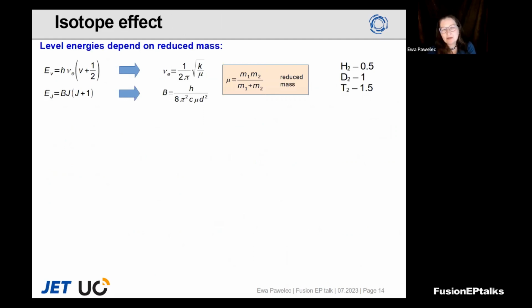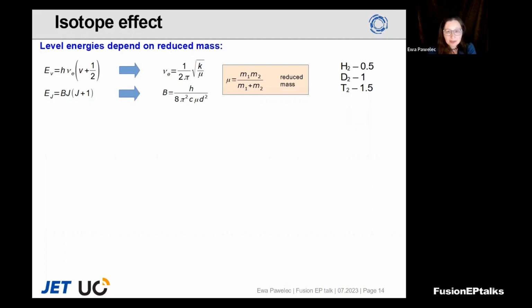In the case of atoms, there is an isotope effect, but it's very, very subtle. You have to really have a high resolution to distinguish even between hydrogen and deuterium, which is the easiest. For the heavier elements, distinguishing between isotopes is even more difficult.